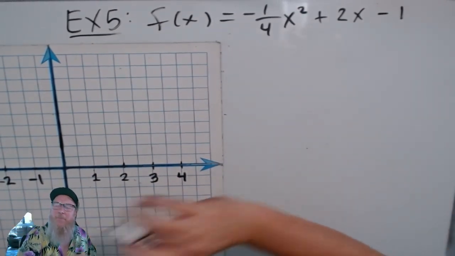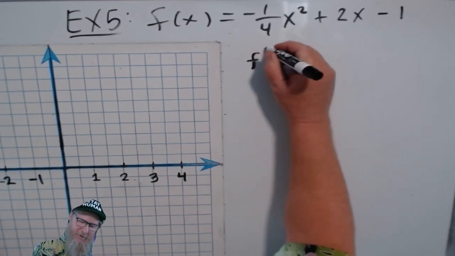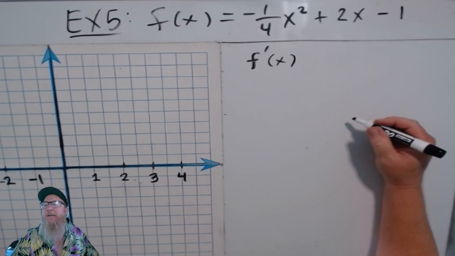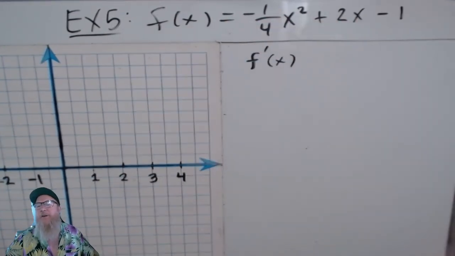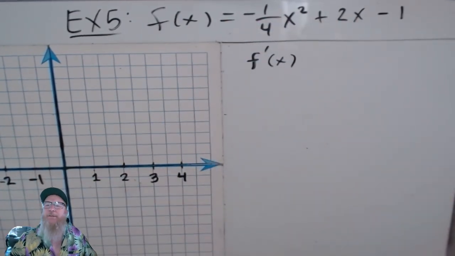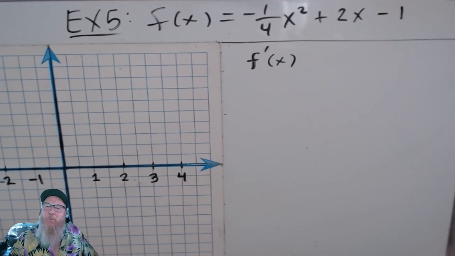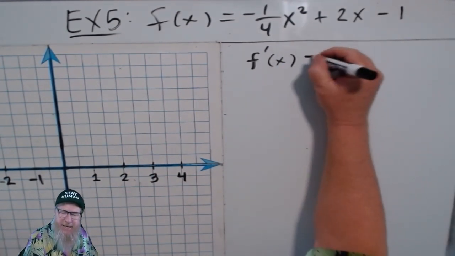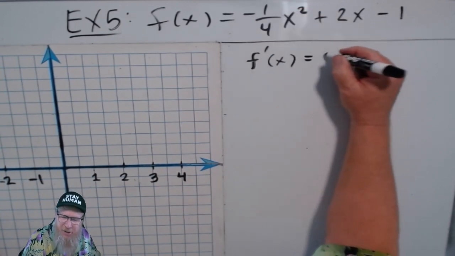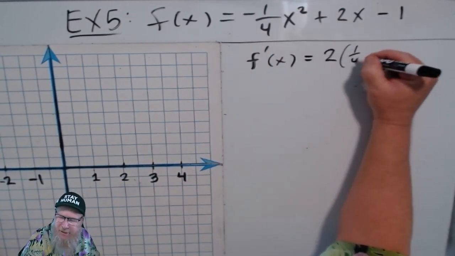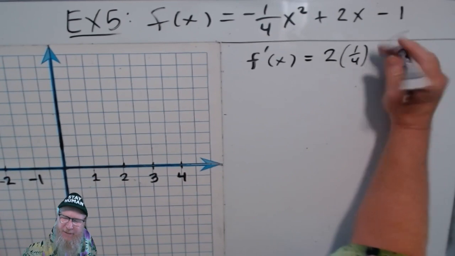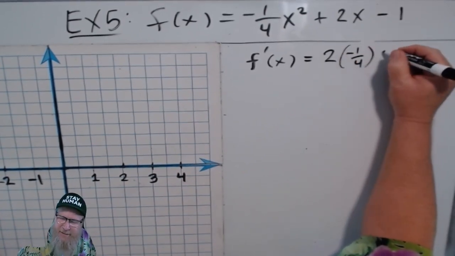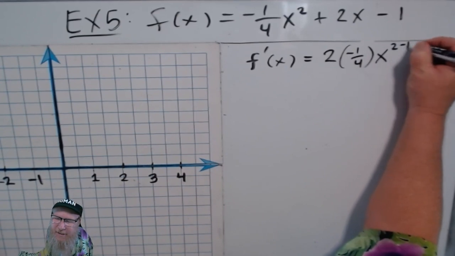So let's go ahead and do some calculus. So we start with the first derivative. We're not going to do anything with the original function until we want to get the y values, which I will at some point. So let's start with the first derivative. So that'll be 2 times 1/4 times negative 1/4 x to the 2 minus 1.